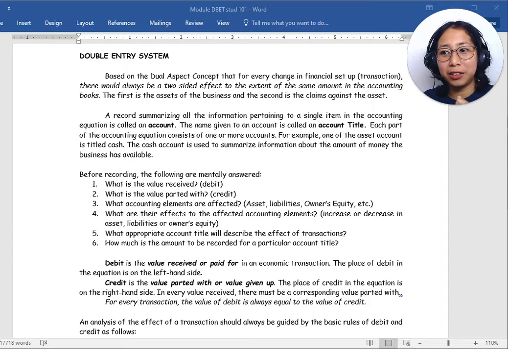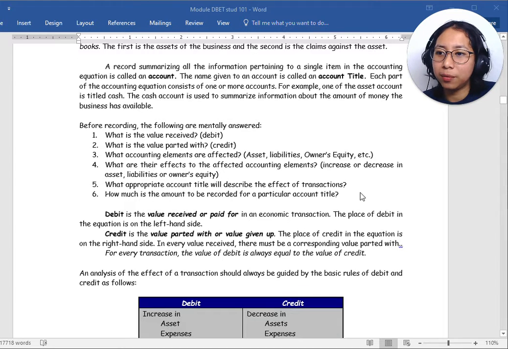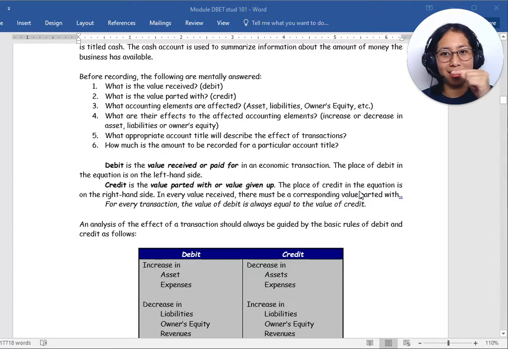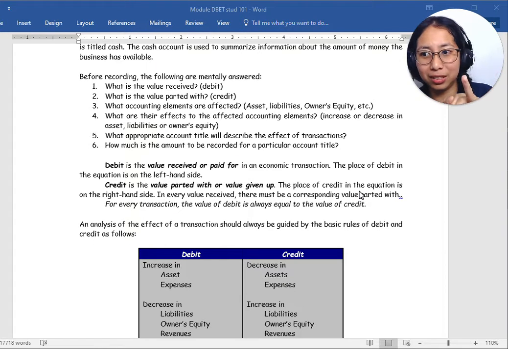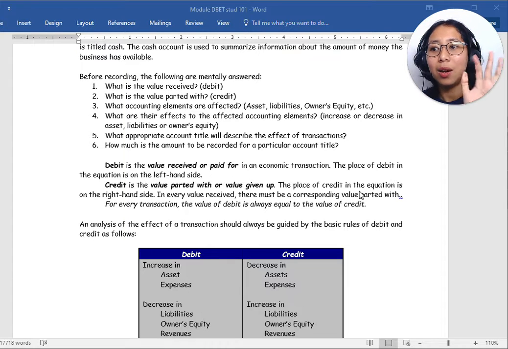Bago tayo mag-record ng mga transactions sa ating journal book, you should answer the following questions mentally. Number one, what is the value received? What is the value parted with? What accounting elements are affected? What are their effects to the affected accounting element?